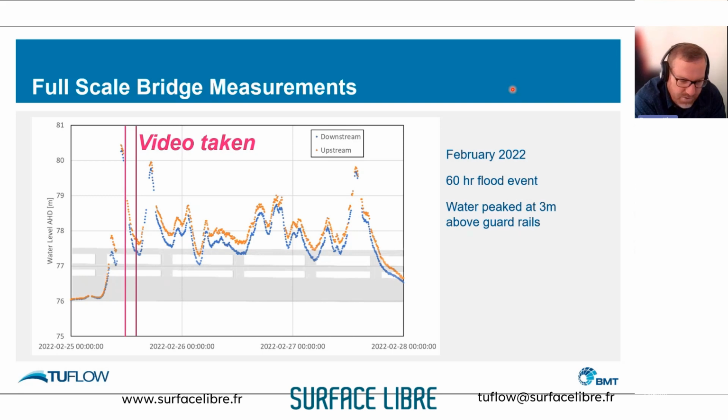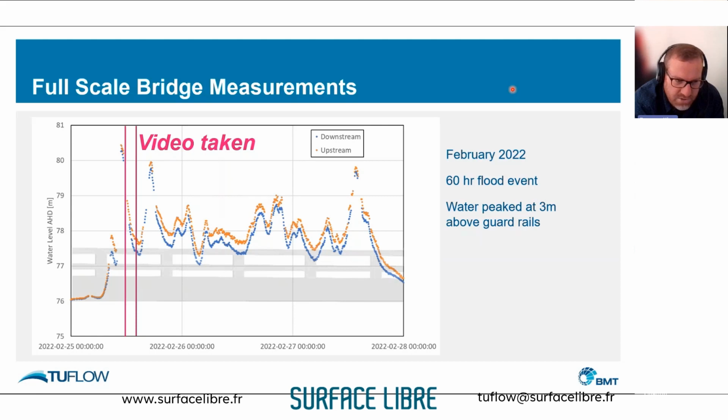The latest default with TUFLOW HPC is the WU turbulence model, and this has been chosen because it has a representation of 2D and 3D turbulence, and it displays pretty similar turbulence parameters across a wide range of cell sizes. And obviously, from the point of view of something like Quadtree, where you've got the ability to vary cell sizes within the model, you do need to have pretty consistent turbulence parameters.